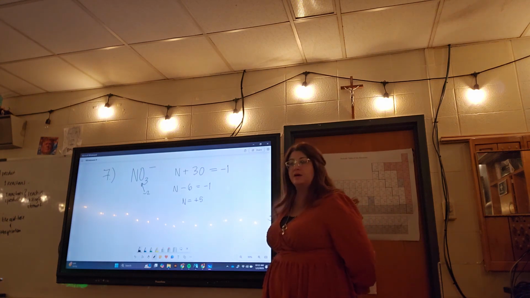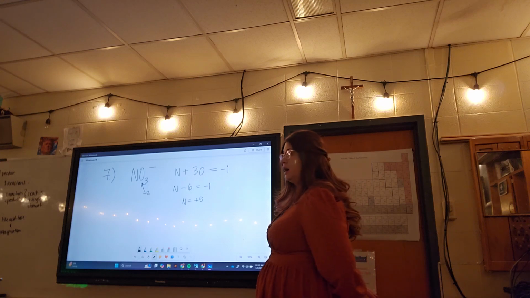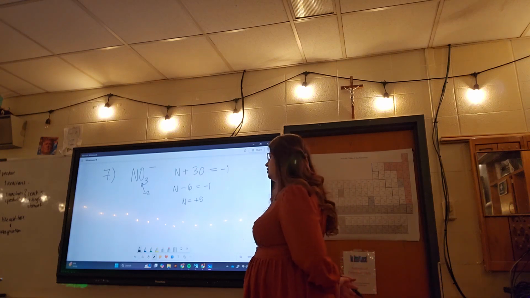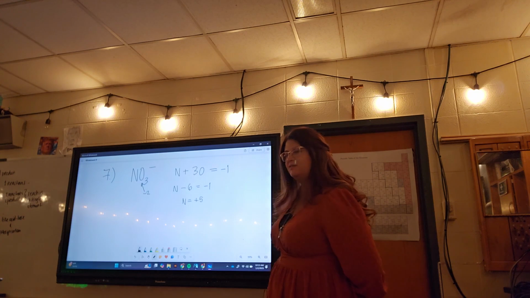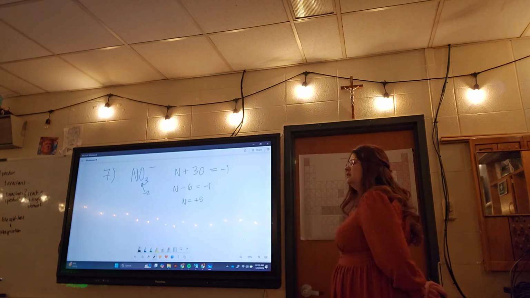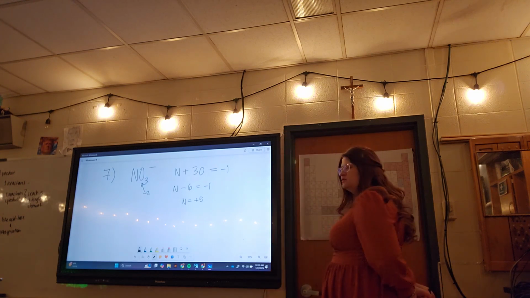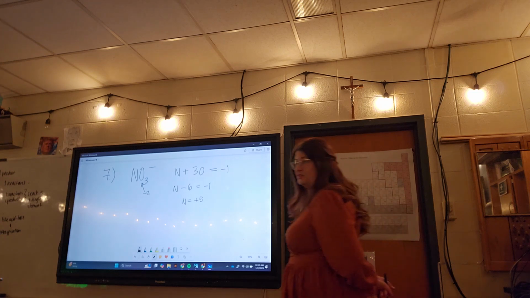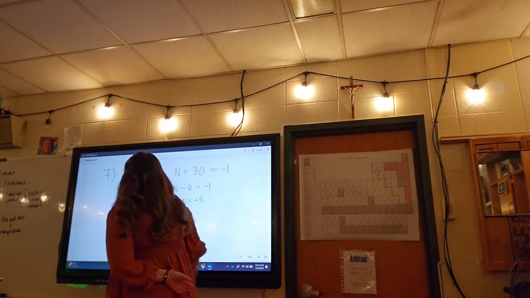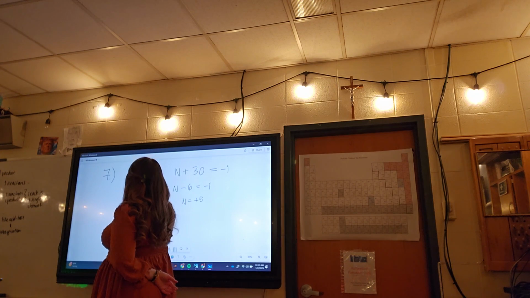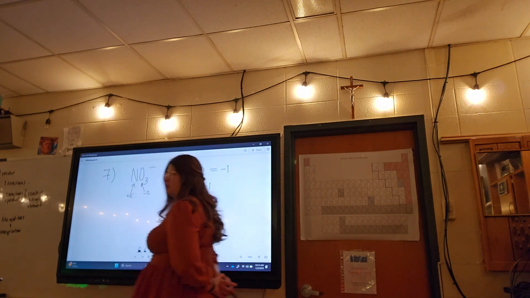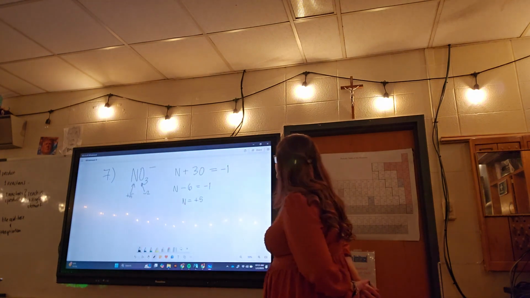But sometimes it can be a kind of a mind bleep when we have to subtract a negative number, because that means you really have to add it. And so if you need to use your calculator, don't feel like there's any shame in that. Or sometimes sketching out a little number line also can be helpful.